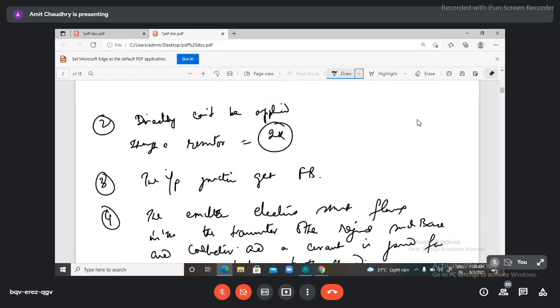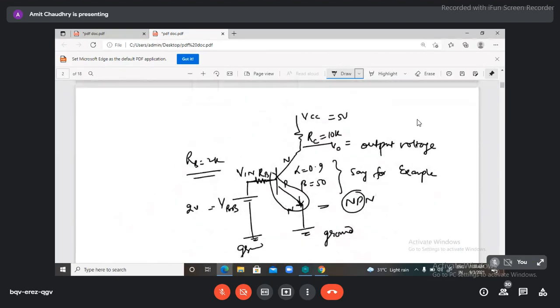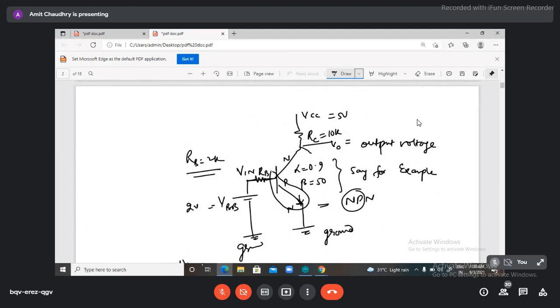Now how it behaves? This is a transistor, in this, this is forward biased, this is reverse biased. Now this reverse bias and this forward bias will initiate a current through this transistor. It means that this battery will be connected to the ground through this transistor.